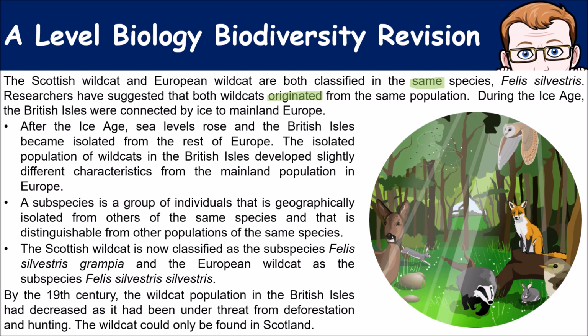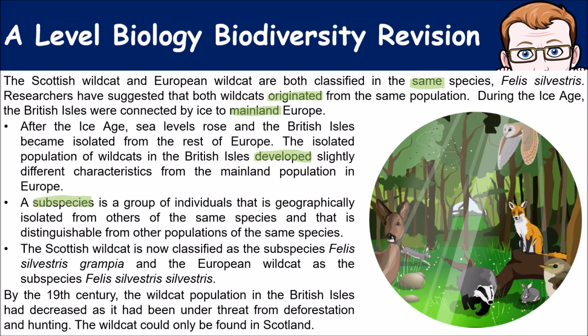During the Ice Age, the British Isles were connected to the mainland of Europe. Right, so this is really going to be talking about something to do with geographic isolation. After the Ice Age, the sea levels rose, so the British Isles became isolated from the rest of Europe. This isolated population of wildcats in the British Isles developed slightly different characteristics from the mainland population.